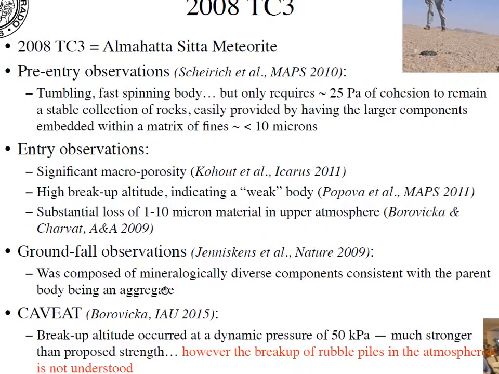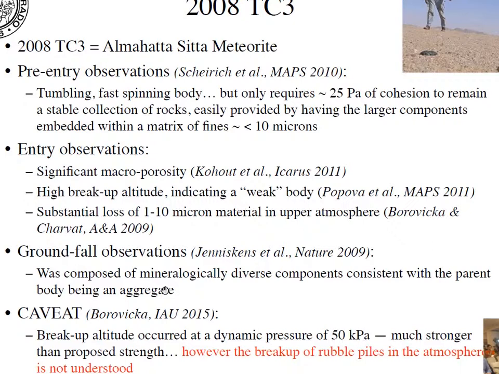The final evidence is 2008 TC3, otherwise known as the Almahata Sitta meteorites. Here there were pre-entry observations by Scheeres et al. showing that it was a tumbling, very fast spinning body. However, in our strengths chart, we could show that it only needed 25 pascals of cohesion to be a rubble pile and hold together, even with that fast spin rate.